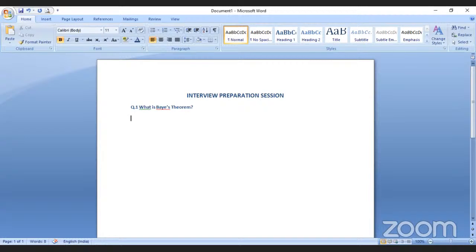So we need to find the probability of an event, and there we have already been given the probability of another event that has already occurred.